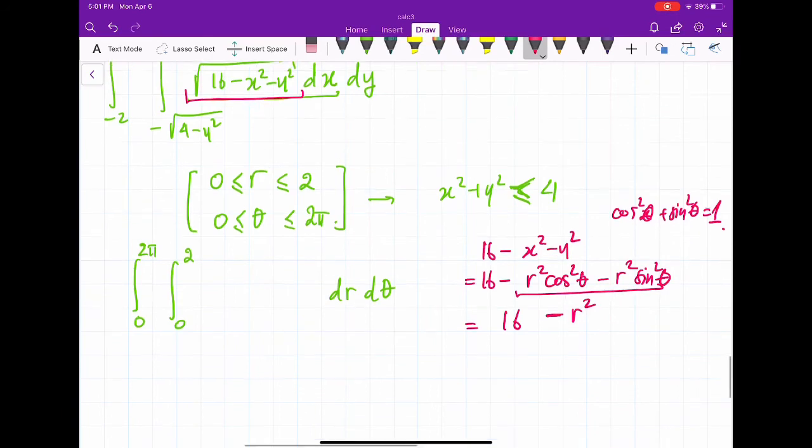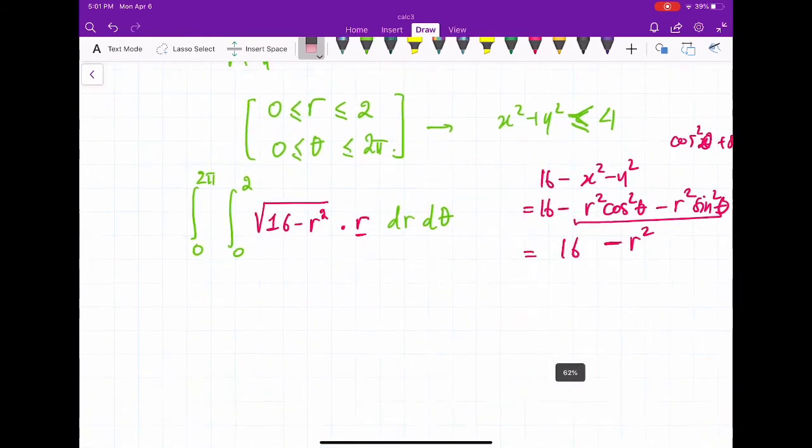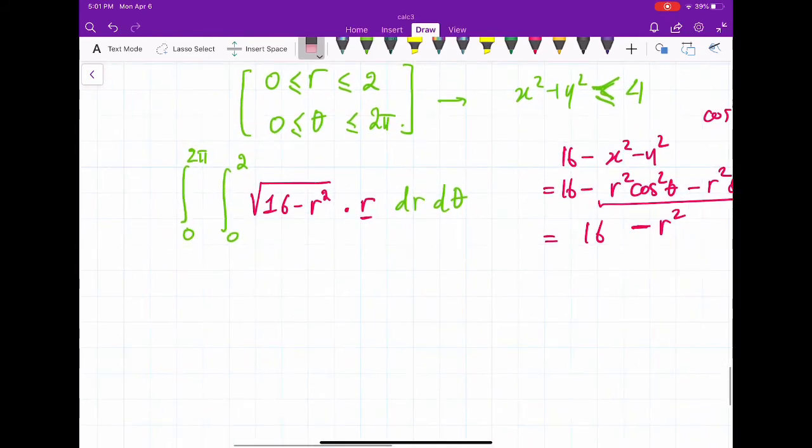You see that? The function looks very simple. 16 minus r squared. And don't forget to multiply by r. Don't forget that, because when you change the coordinates, you have r in this integral. So you evaluate this integral easily, right?